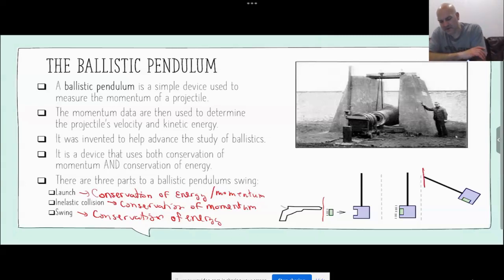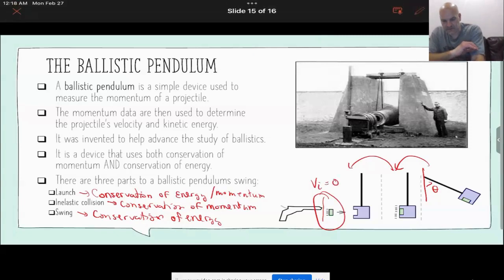What you're allowed to do with that hook is measure the angle, and then you can work your way backwards to figure out how fast we shot that object out. That would be our question mark. So you may work from launch, collision, swing, or you can go swing, collision, launch.